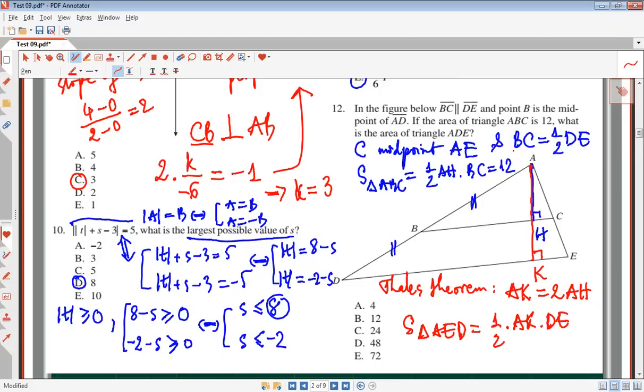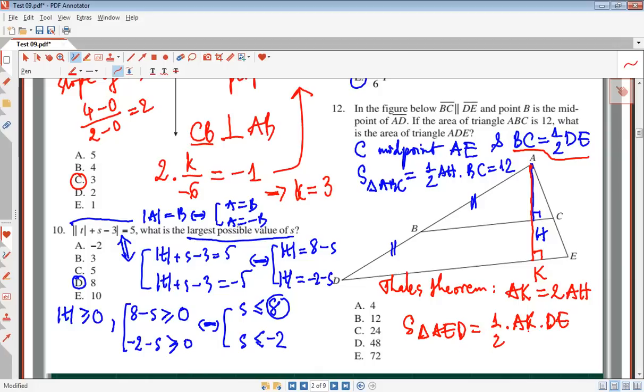We use this: BC is 1 second of DE, or DE is twice BC, and AK is twice AH.